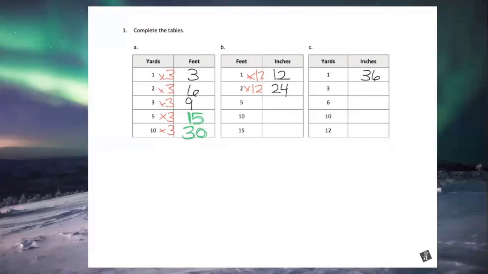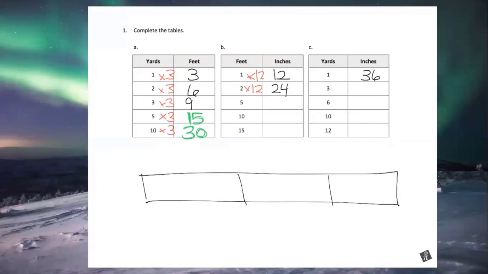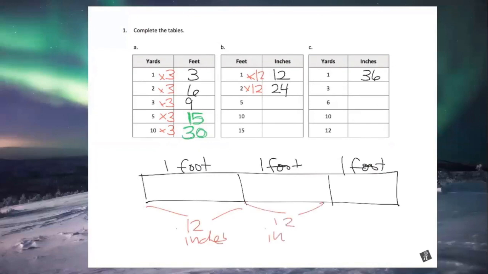Now, how do we know that? We could put it together. We know that 1 yard is 3 feet. So if I wanted to, I could say, well, here's 1 yard, and that 1 yard is 3 feet. 1 foot, 1 foot, 1 foot. And we know that each of these is cut into 12 inches. 12 inches and 12 inches.